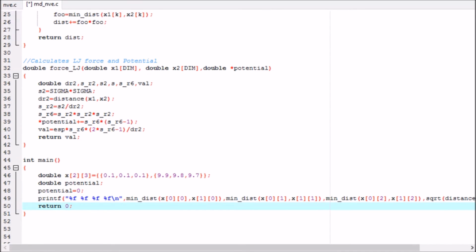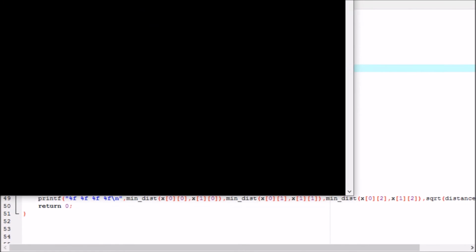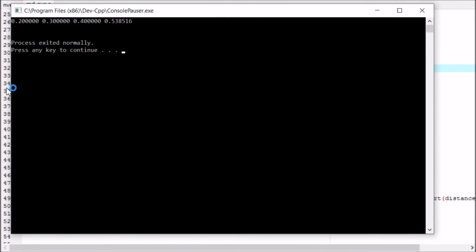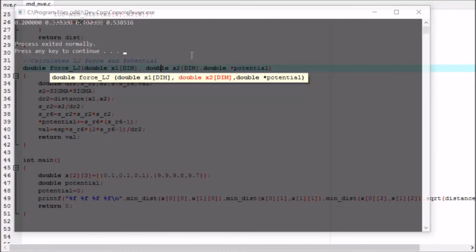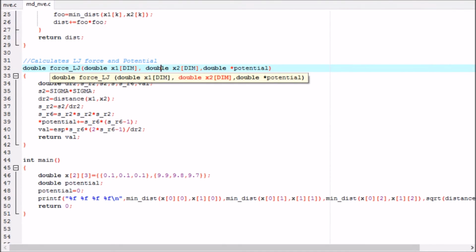So let's see. I hit the run button. Okay, compiled, and as you see, 0.2, 0.3, 0.4 and 0.5385. So our distance function is correct. Now let's check the force function.